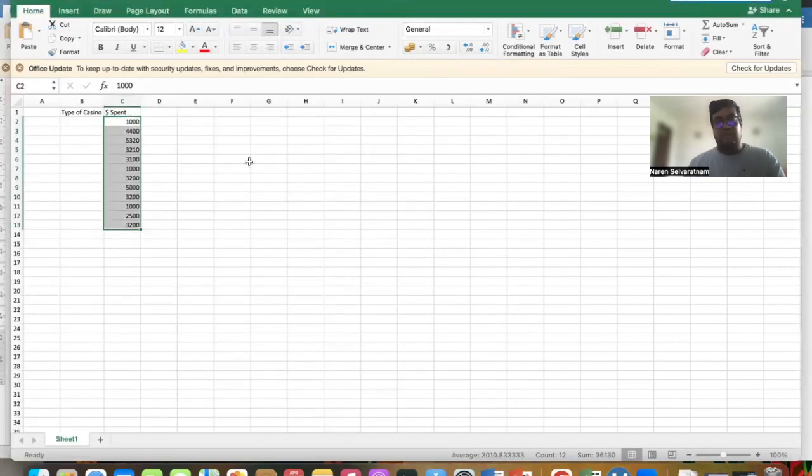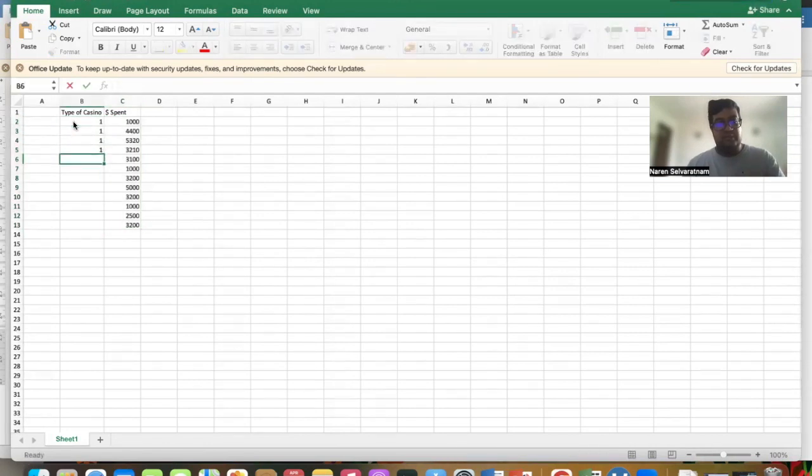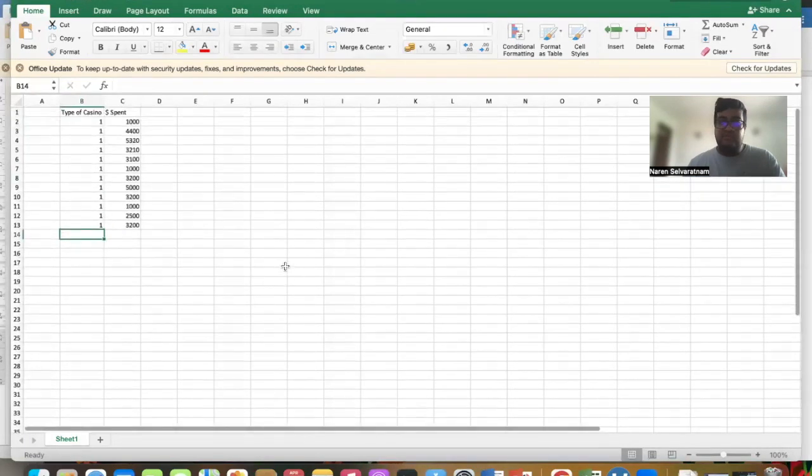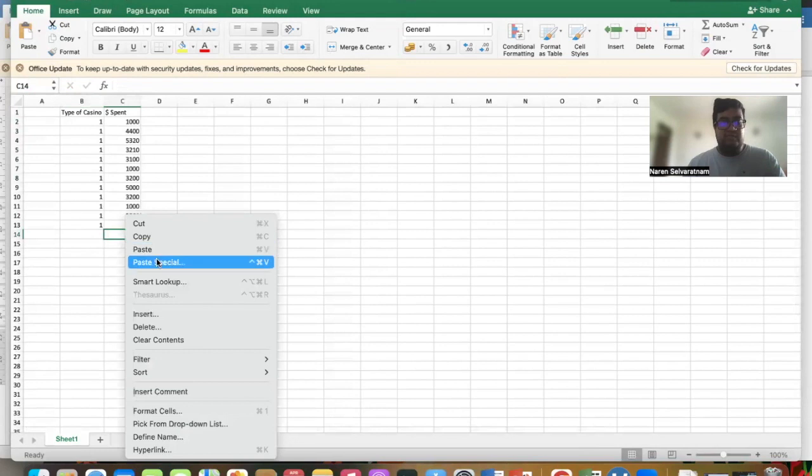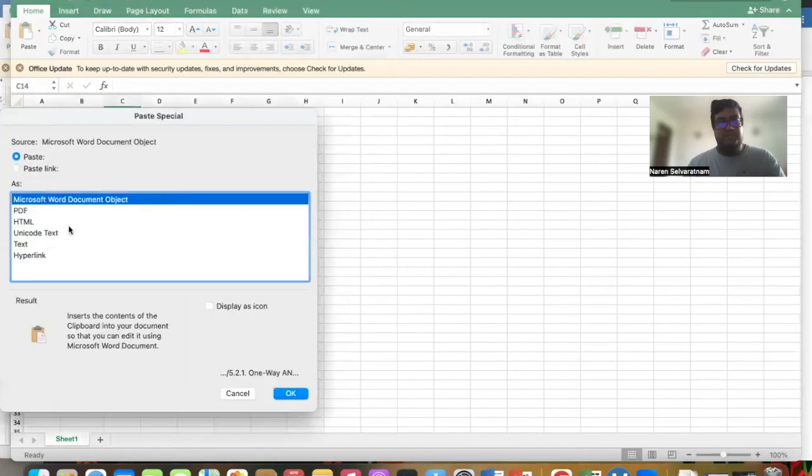Now, type of casino. I am going to name my casinos. I'm going to give the value of 1 for cowboy casino, so I'm going to just type 1 for all of these, because remember, we need to do this in a SPSS or Jamovi-friendly fashion. Now I'm going to paste my data for the suburban casinos.